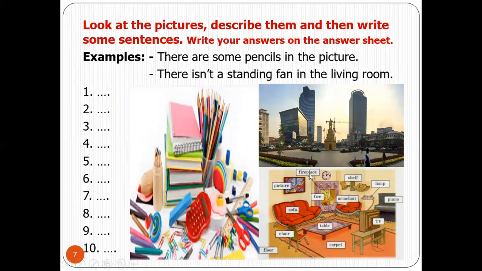So look at these pictures, describe them, and then write some sentences. You can write your answers on the answer sheet. For example, there are some pencils in the picture. There is a standing fan in the living room. Here you say a living room.